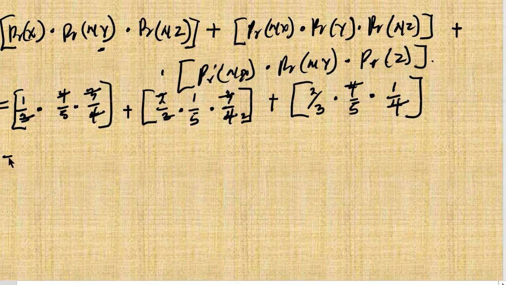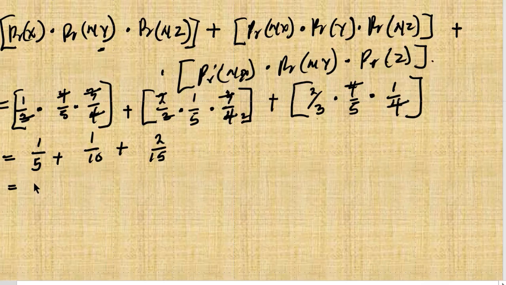So that I'll have here 1 over 5 plus 1 over 10 plus 2 over 15.